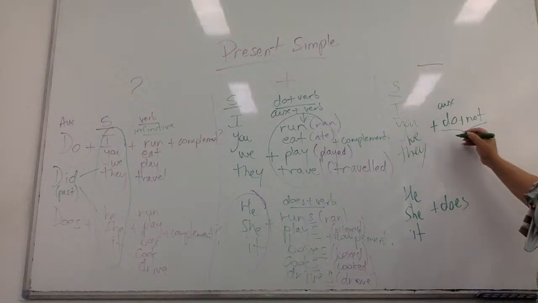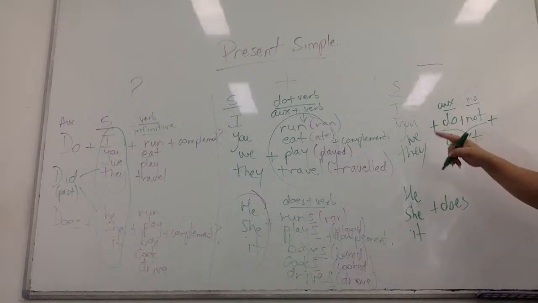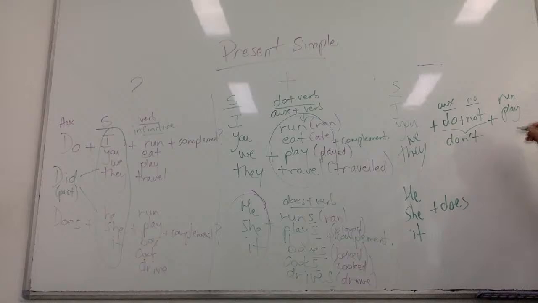And this is why we say don't. Right? So this is my no. And then we had our verbs run, play, what was it? Eat, travel, and then my complement.